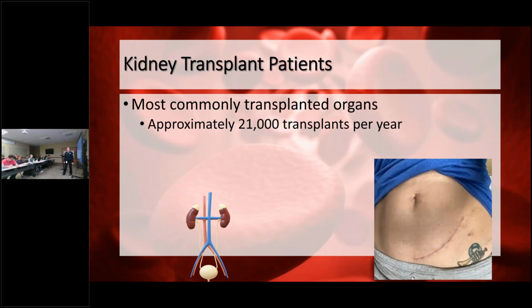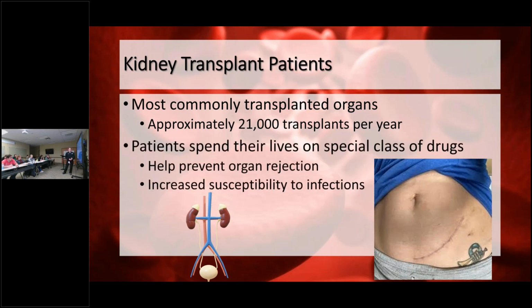So kidney transplants, say that you go on a patient, they say, yeah, I had a kidney transplant 5 years ago. What are some things that you want to ask that patient? There's a certain list of medications that they get put on to help with rejection, so that's a big thing to ask for.